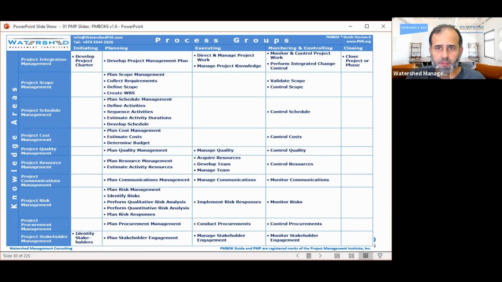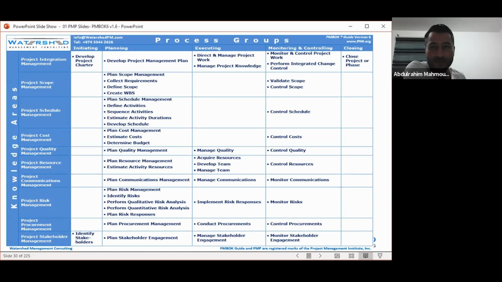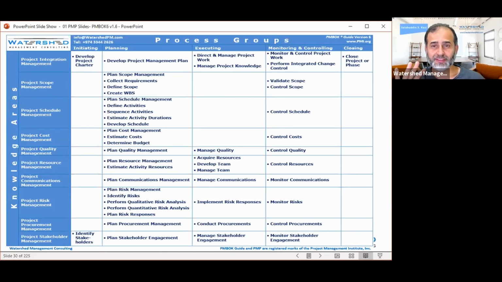The third element. The fourth element is output, the outputs.